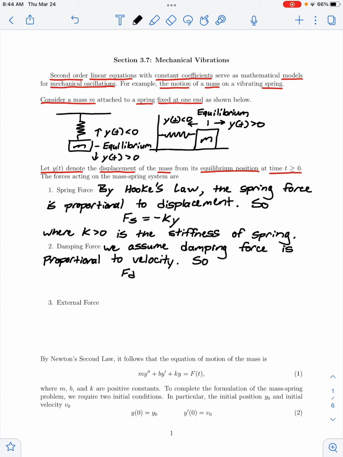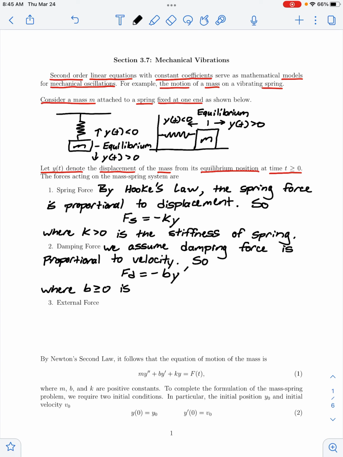So our damping force, let me denote it as F sub D, would be some constant, let's call it b, times the velocity, which would be the derivative of displacement. And to indicate that this acts in a direction opposite of velocity, I will put a negative in front of the constant b and specify that b needs to be non-negative.